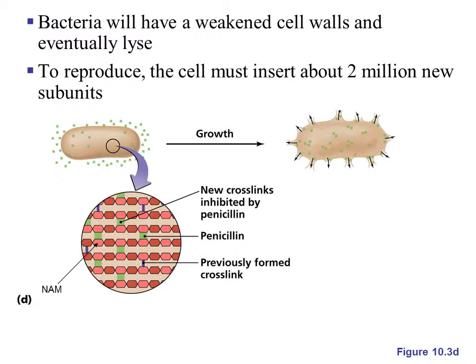In order for a bacteria to reproduce, it must insert about 2 million new subunits. So if the NAM and NAM are not linking together, then you are producing the layer, but not technically producing it to stick to the bacteria. Therefore, the bacteria is not adding 2 million new subunits.